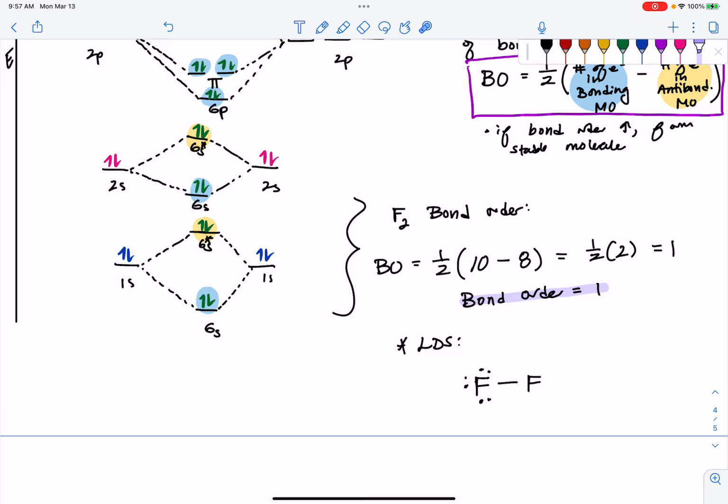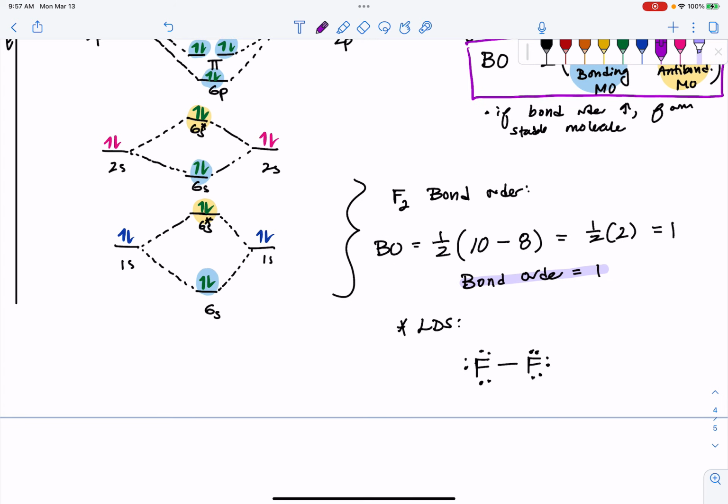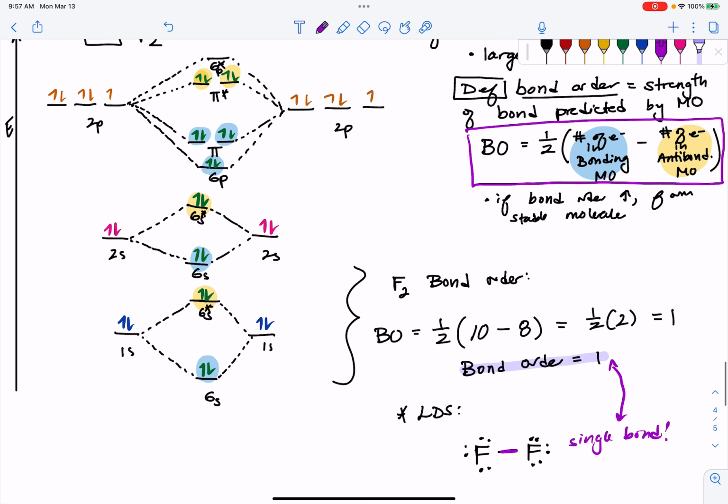That's 12. 2, 4, 6. That means I have 6 remaining, which is just enough to fill in the octet of my other fluorine. This predicts a single bond, meaning that we have good agreement between what our Lewis predicts and what the molecular orbital theory predicts.